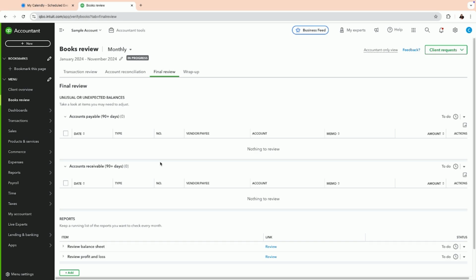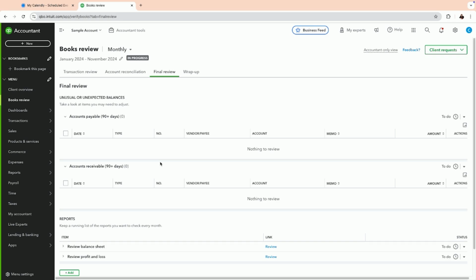Okay, same thing with accounts payable. If you have any bills here that are open and you already paid that bill, it's okay to void that. It's really okay to void it because that expense is already recorded and you don't want it here because it's duplicating, especially if you're on accrual basis, it's duplicating your income and also duplicating your expenses.